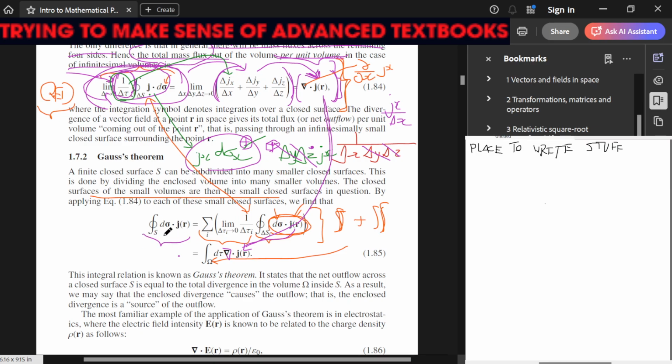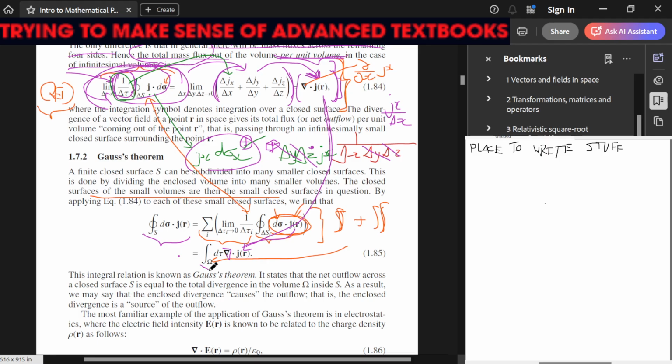Alright, the integral over our closed surface is equal to the sum of the smaller closed surfaces. The sum of the small closed surfaces equals the volume.